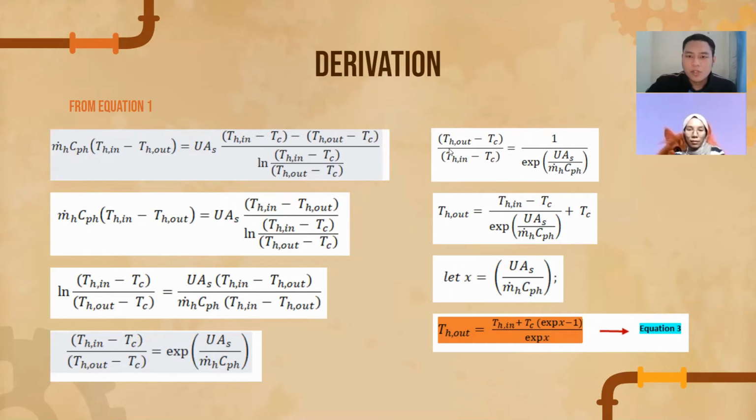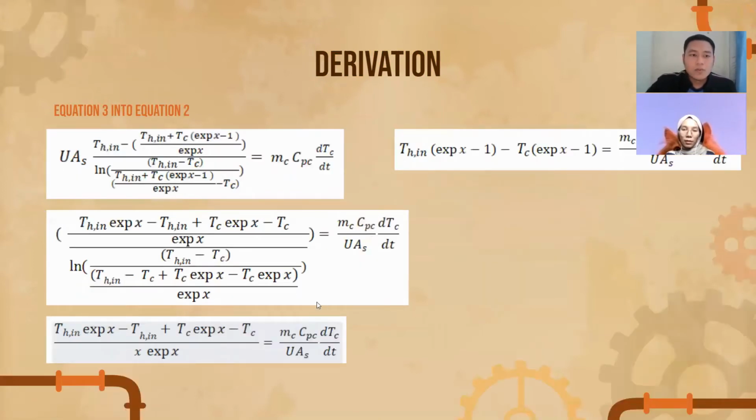Proceeding, we get TH out equals TH in minus TC over exponent UAS over m dot h CPH, plus TC, which is TH out in terms of TC. Then we let X equal UAS over m dot h CPH, and we get a new equation, equation 3: TH out equals TH in plus TC exponent X minus 1 over exponent X.